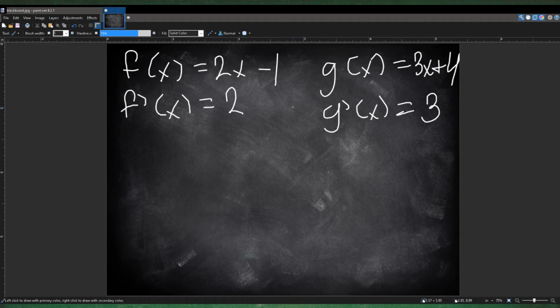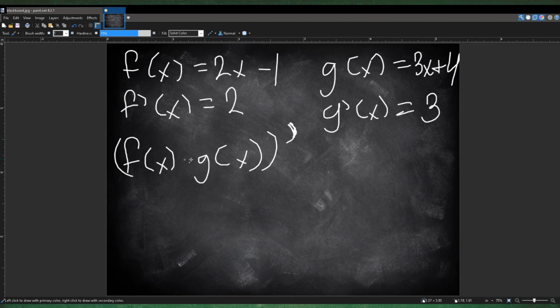Now, for the multiplying rule, if we have f of x times g of x, and we want to find the derivative of this, let's write it right here with an apostrophe.